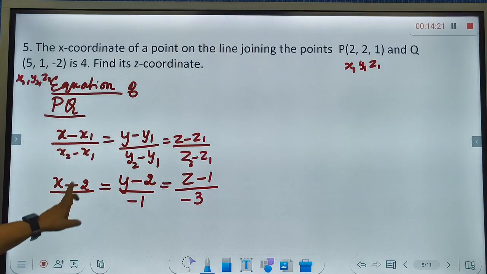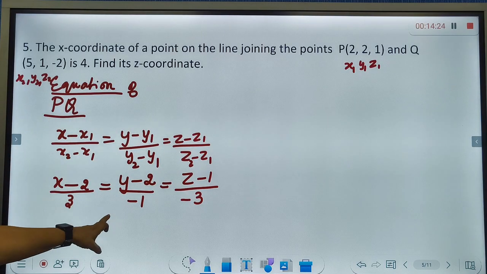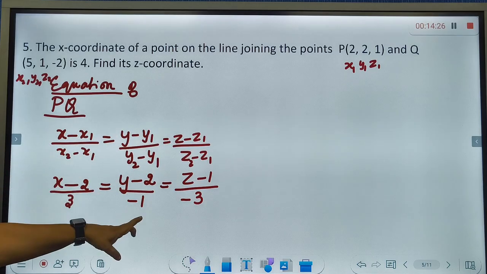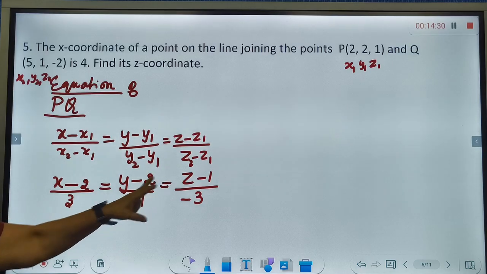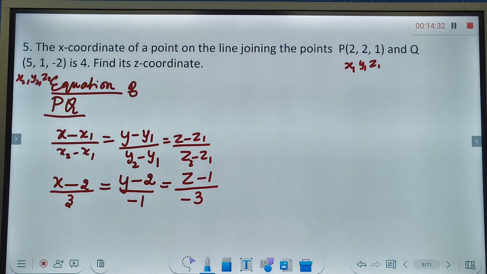Just check, 5 minus 2 is 3, 1 minus 2 is minus 1, minus 2 minus 1 is minus 3. x1, y1, z1 is 2, 2, 1. Okay. Now, what is given? The x-coordinate of a point on the line joining the points is 4.